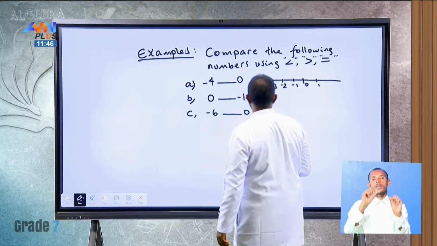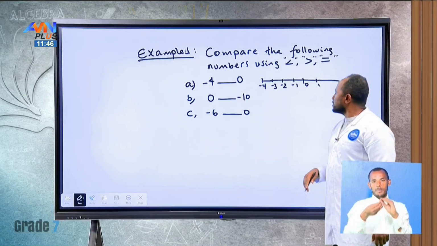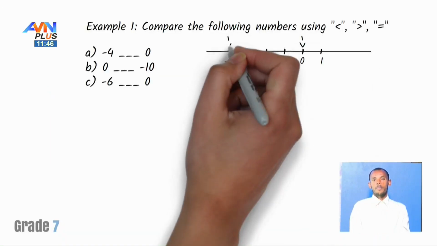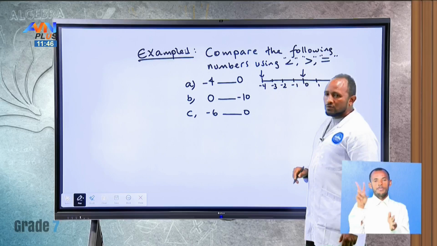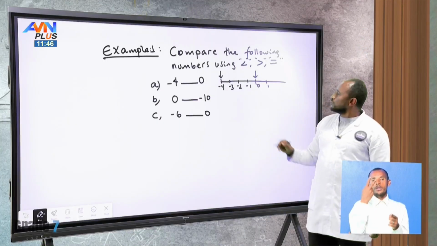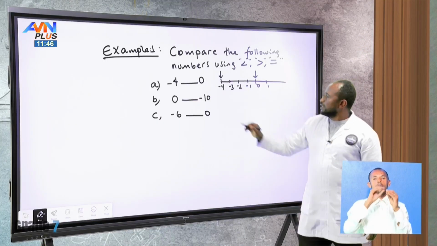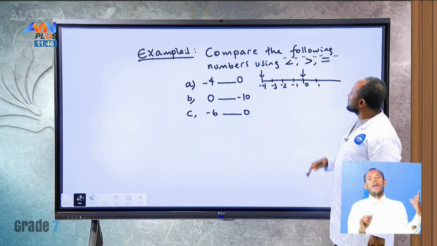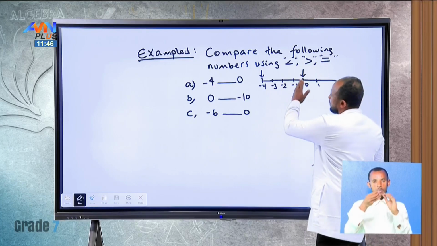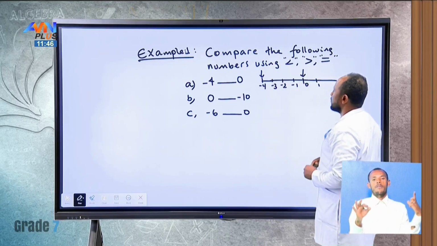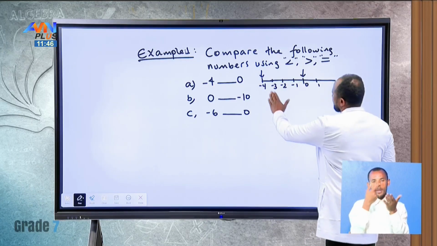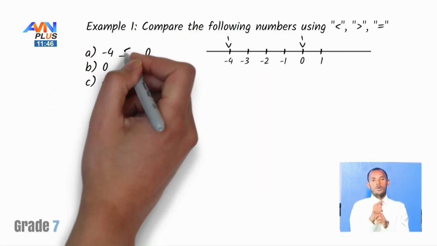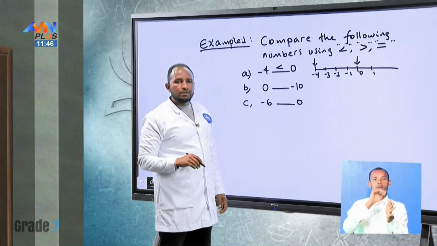The location of 0 is here, and the location of -4 is here. -4 is to the left side of 0. So the numbers which are found to the left are small numbers. Therefore, -4 is less than 0.